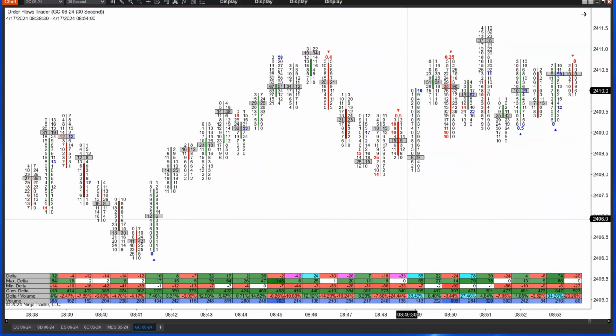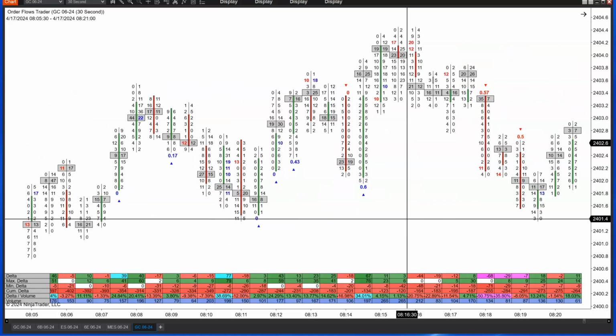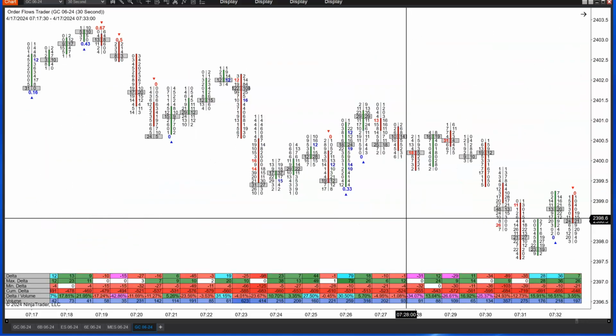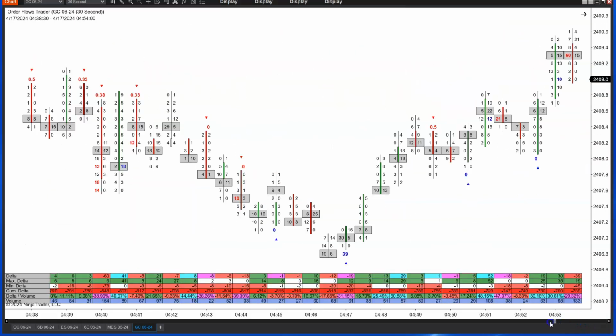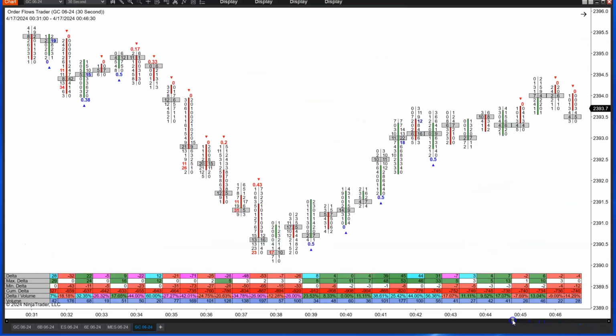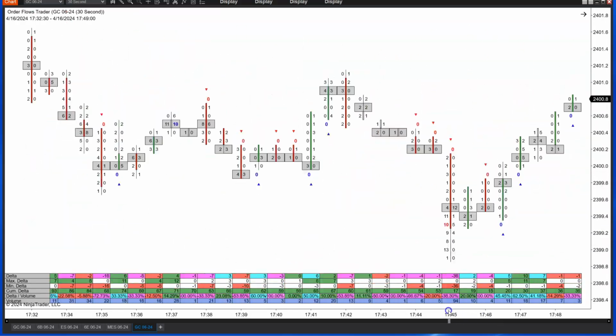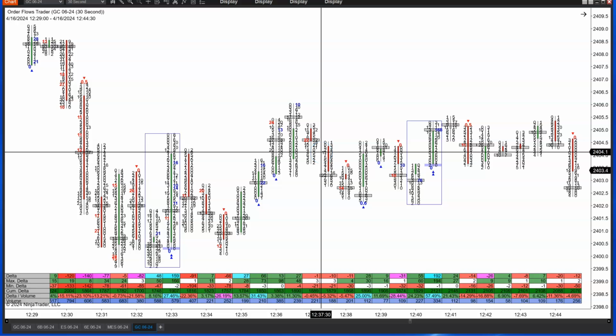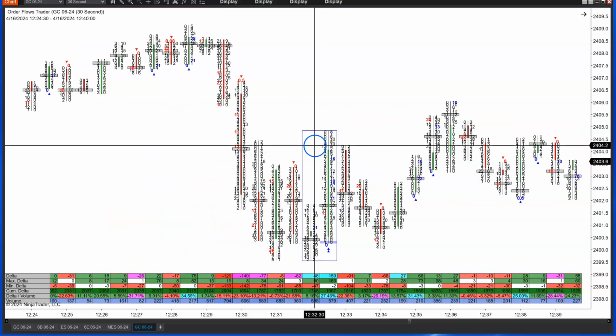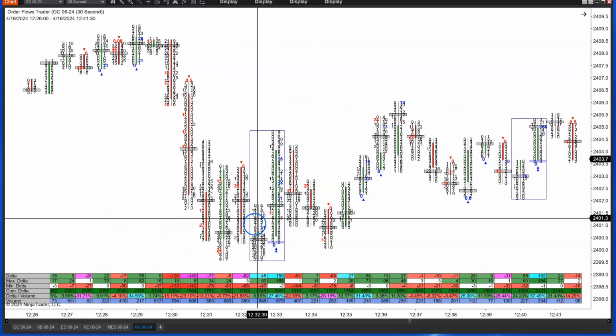Okay, let's take a look at some other ones, if there's any more this morning. This is gold today. Okay, well, let's go back to yesterday, see if there's any bullish ones. Okay, here's a couple bullish ones. This one, okay, so it's a big increase, right?